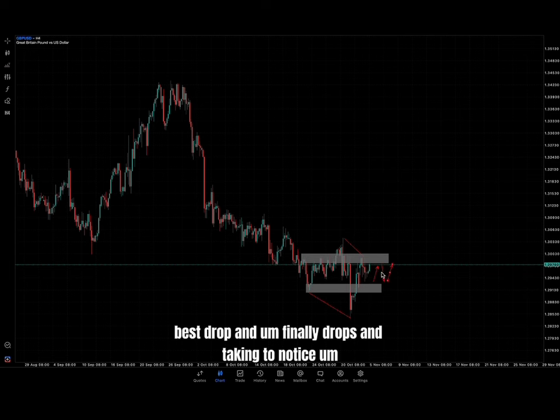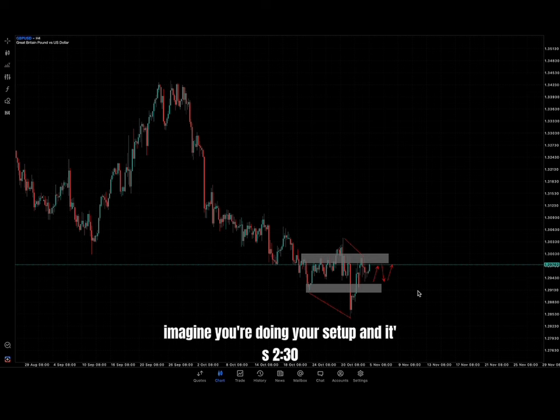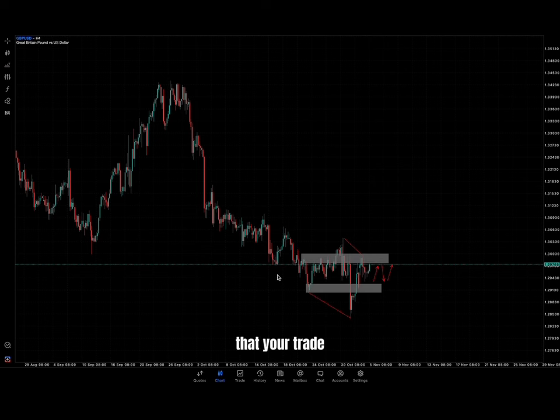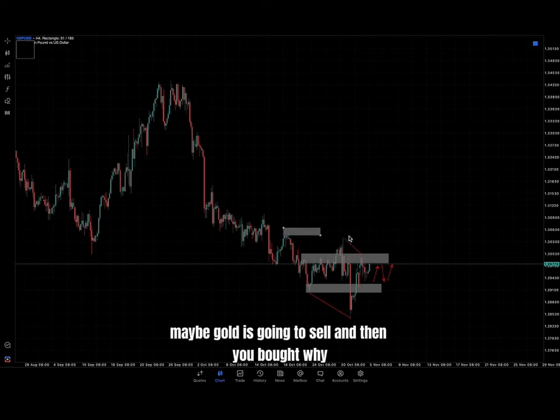And take notice, when you're doing these kinds of setups, you also need to check the news. Imagine you're doing your setup and it's 2:30 and you have seen that your trade is a buy, but the news is telling maybe gold is going to sell.